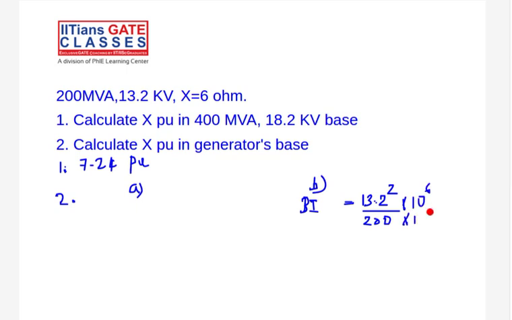In my mind I am aware of this fact, that's why I'm canceling it and not writing it. But always be careful about this, because sometimes, as a trick, they'll give you 200 kVA. So you will go by this pattern and end up making a big mistake. So don't do that. That is approach number 1.